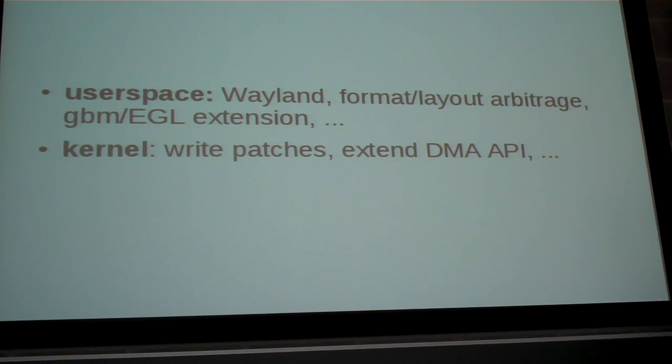And in the general case, if you don't just write a driver that knows how these things work together, we need some EGL or GBM, which is the memory management for Wayland, extension where we can say, I have this Video4Linux device, it can support this and that, make a buffer for that so that I can display it on the GPU. But I'm not so much involved in that discussion.